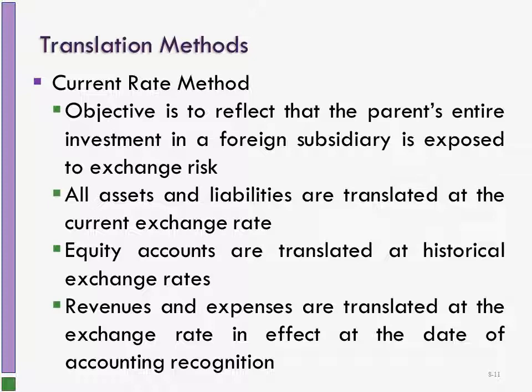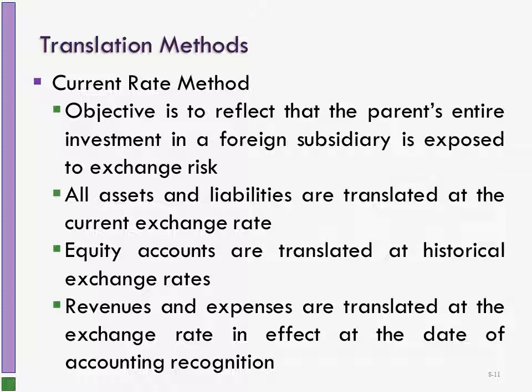Under the current rate method, revenues and expenses are translated using the exchange rate in effect at the date of accounting recognition. In most cases, an assumption can be made that the revenue or expense is incurred evenly throughout the year, and an average for the period exchange rate is used.